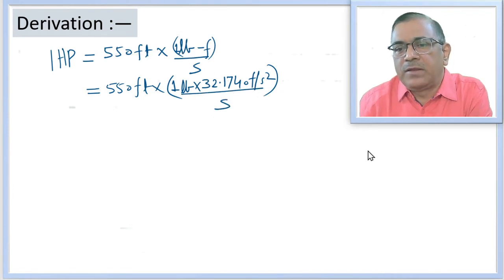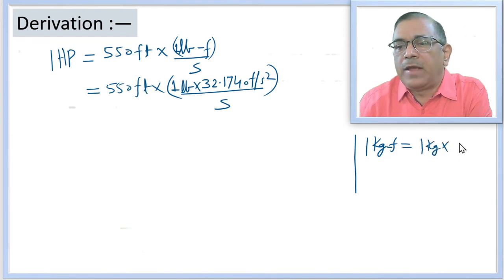I will explain. See, 1 kg force is basically equivalent to 1 kg multiplied by 9.81 meter per second square. Is that okay? So this is what we have been using.